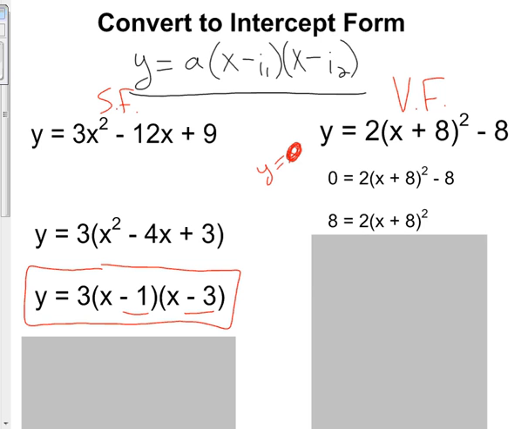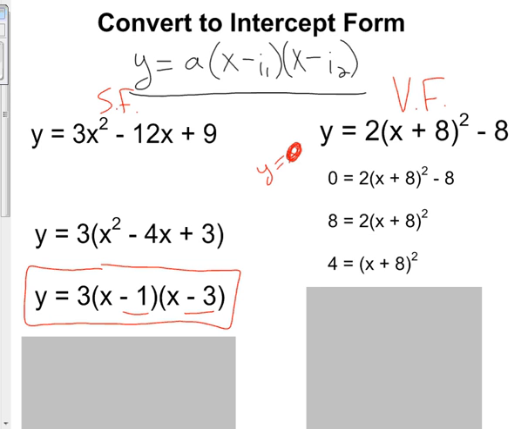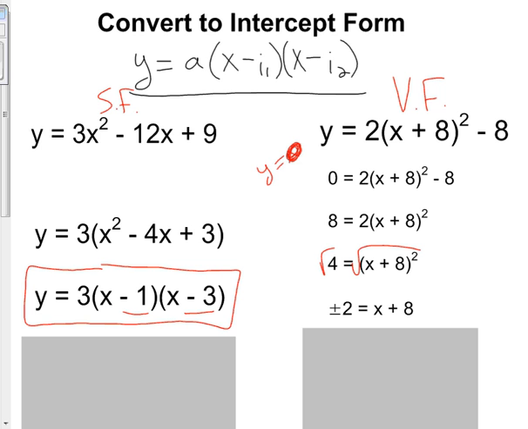So we would add 8 over first. Then we would divide by 2. Then we would square root both sides in order to eliminate the square. Then we would subtract 8. And so it's 2 minus 8 and negative 2 minus 8, which is why we have the 2 answers.